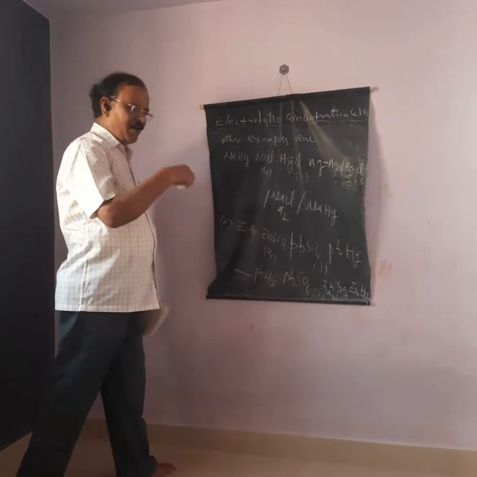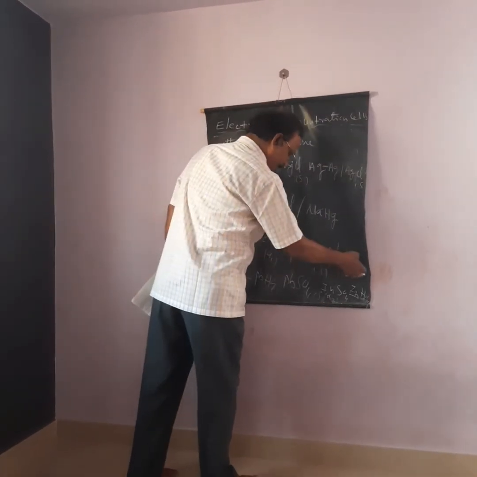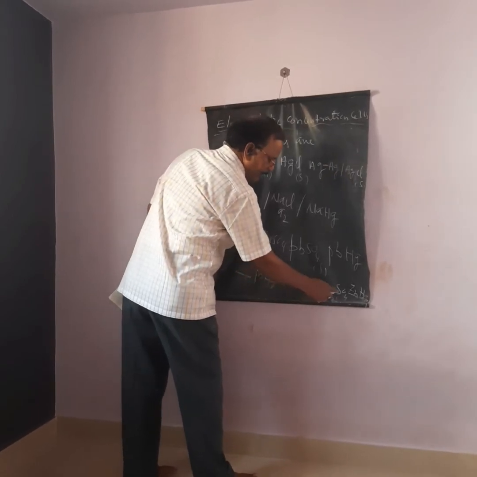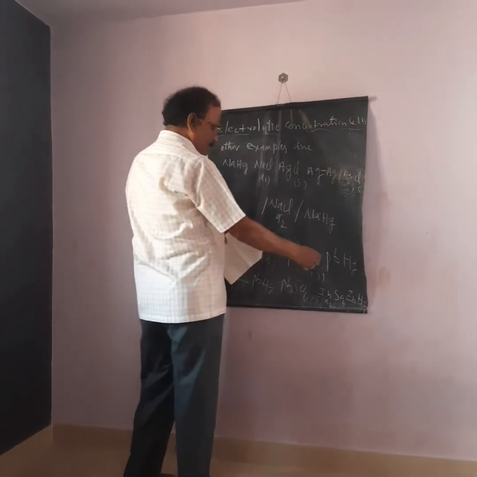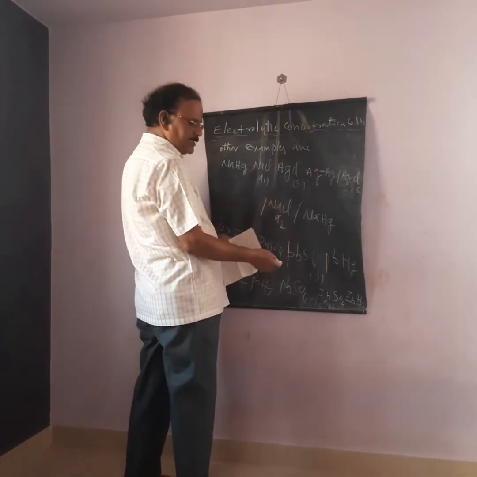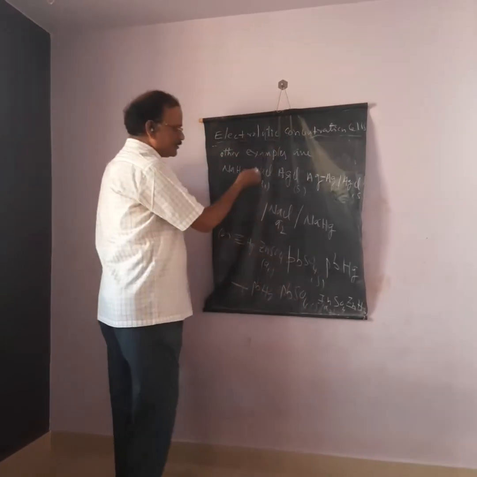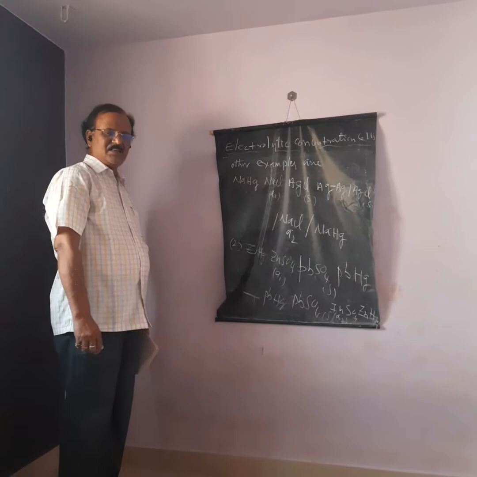Instead of a salt bridge, we have this type of bridging between the two solutions. Here ZnSO4 at A2, ZnSO4 at A1, separated by a salt bridge or an assembly like this.